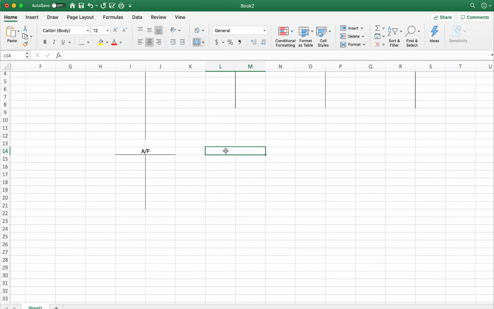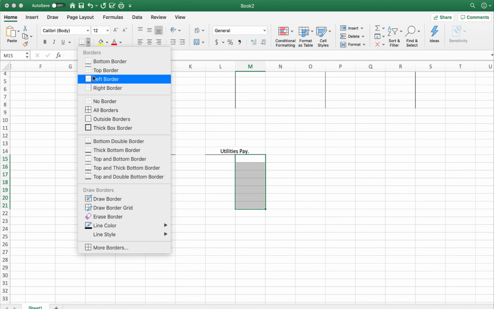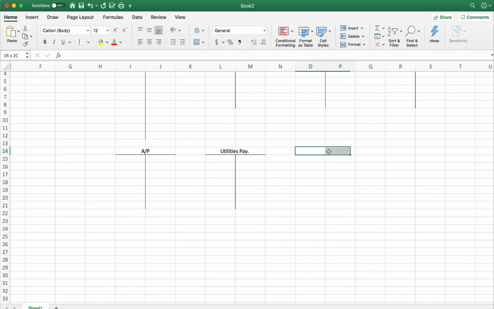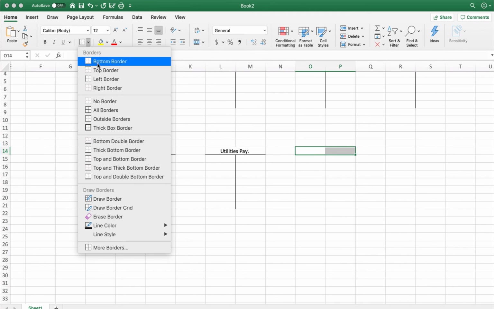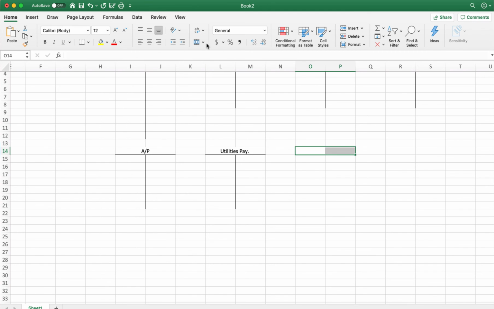The next liability that they give us is utilities payable. I'm just going to abbreviate. I know this is kind of a pain in the rear, but unfortunately it's something that we have to do. We have unearned revenue.